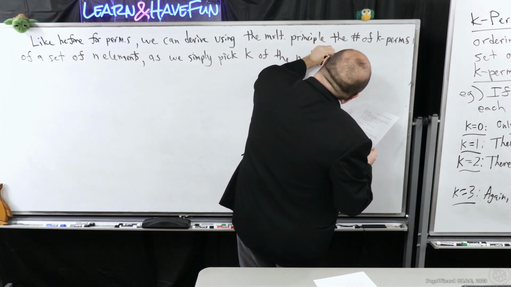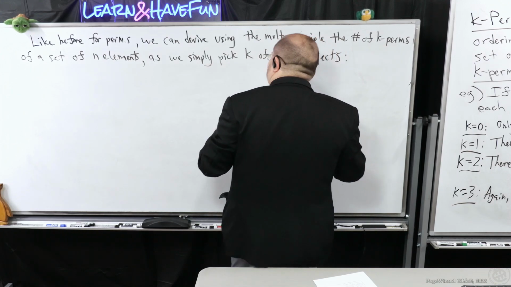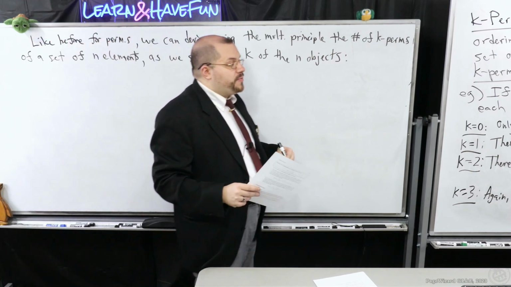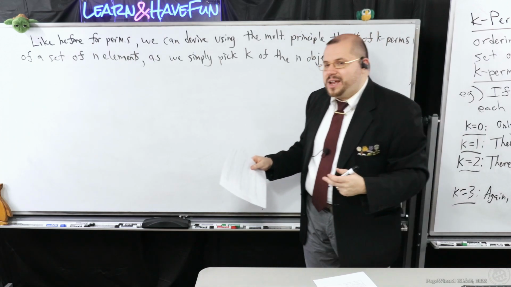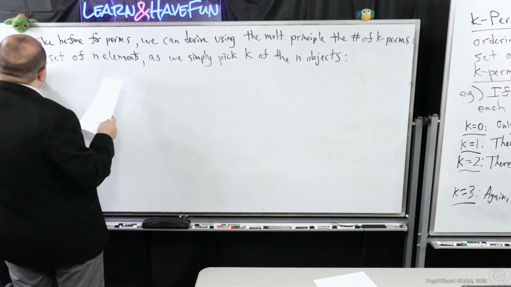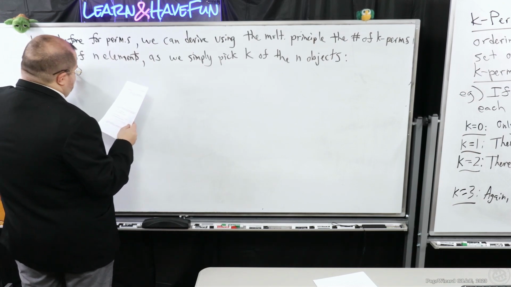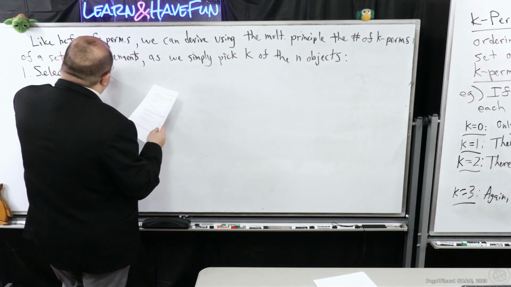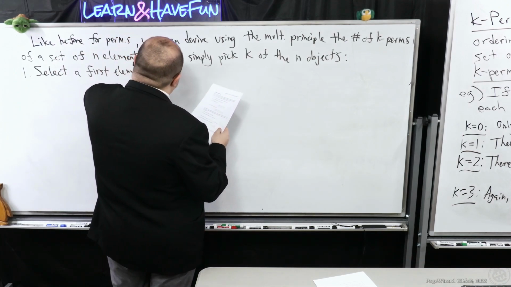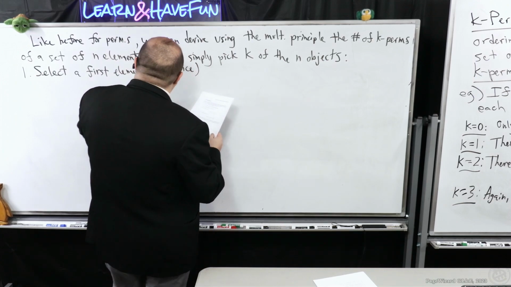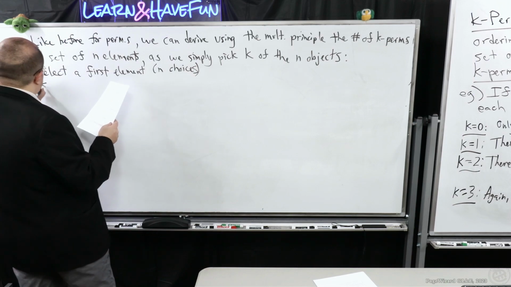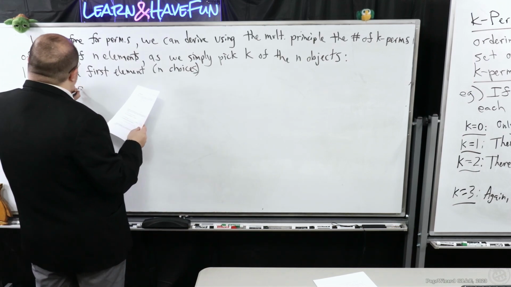So you can almost look at this like a special version of what we just argued before when we came up with the number of permutations of a set A. So what we did was we select a first element, right? That's what we did last time, which had n choices or n possibilities. Then we pick a second one, right?